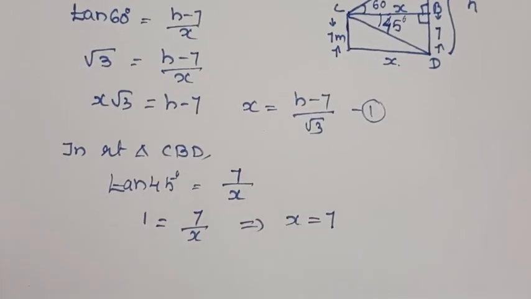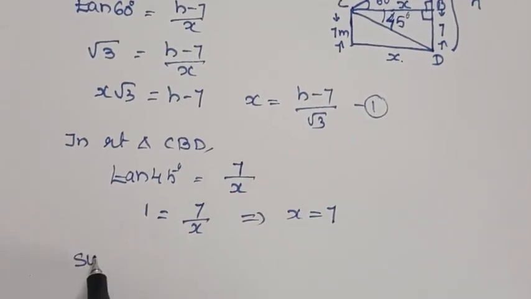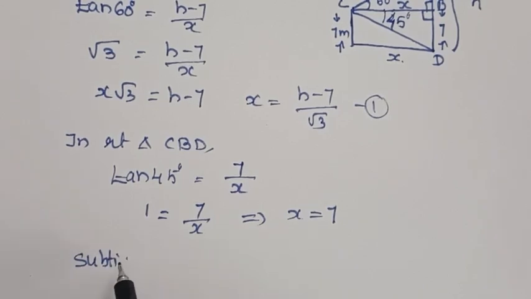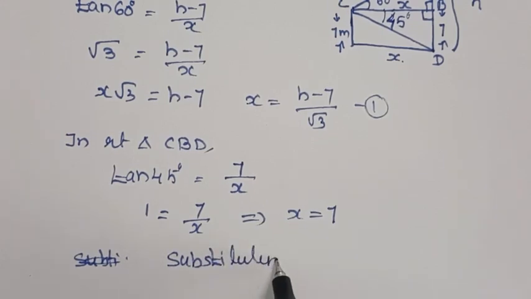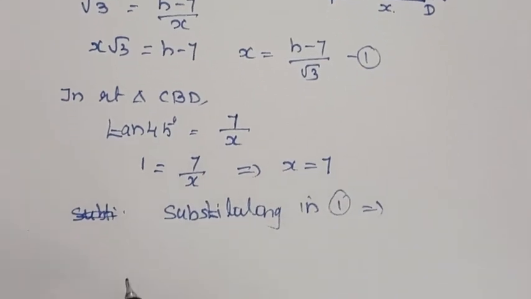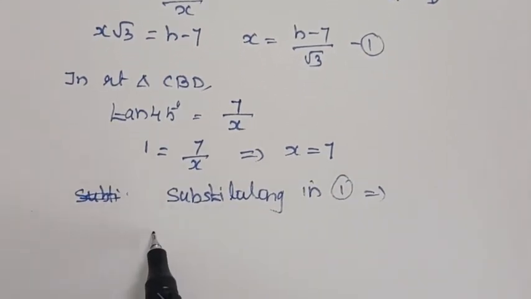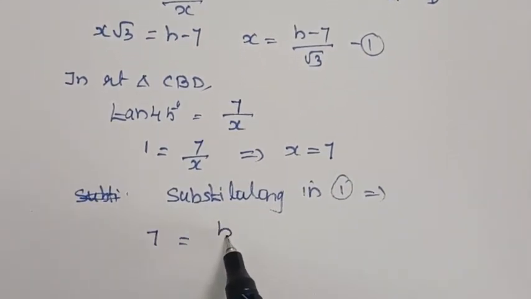Now substituting in first equation, we get value of x equal to 7. We get 7 equal to h minus 7 by root 3.